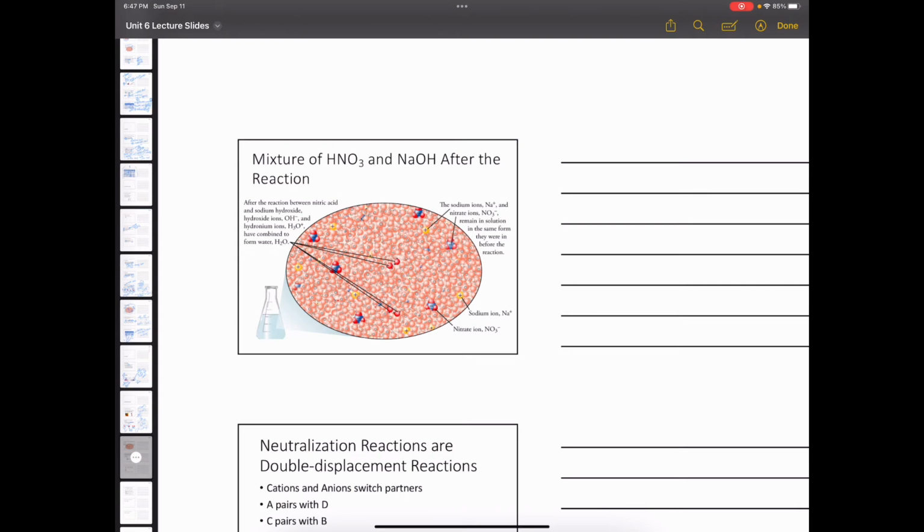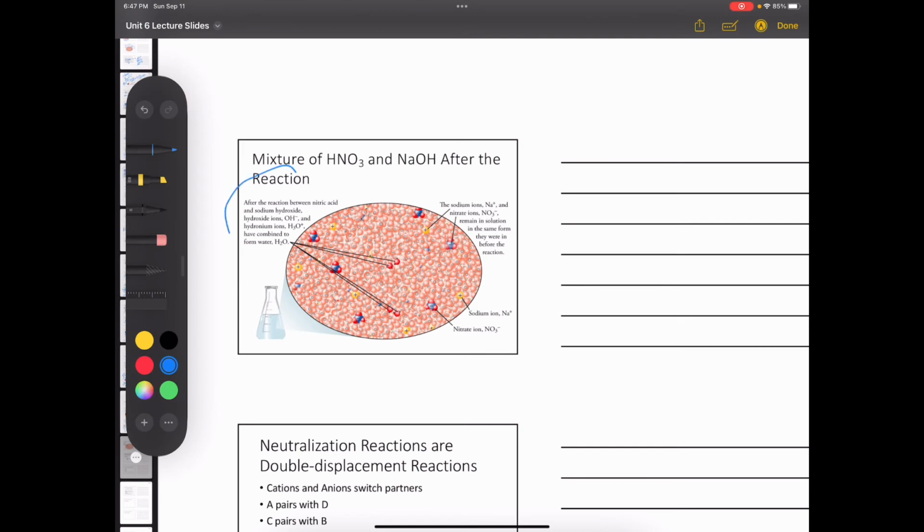So how does the reaction actually unfold in a solution of water when you have HNO3 and you add NaOH to that solution? As you see here, you will have the reaction of OH and H3O to form water.